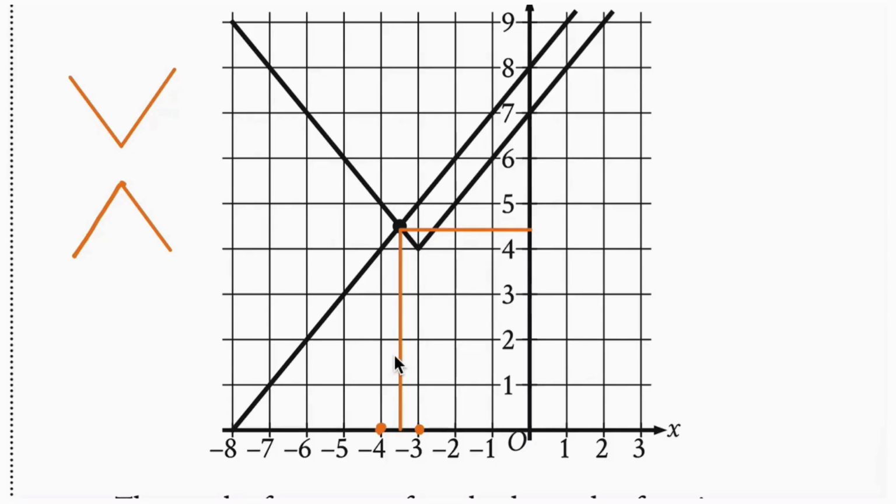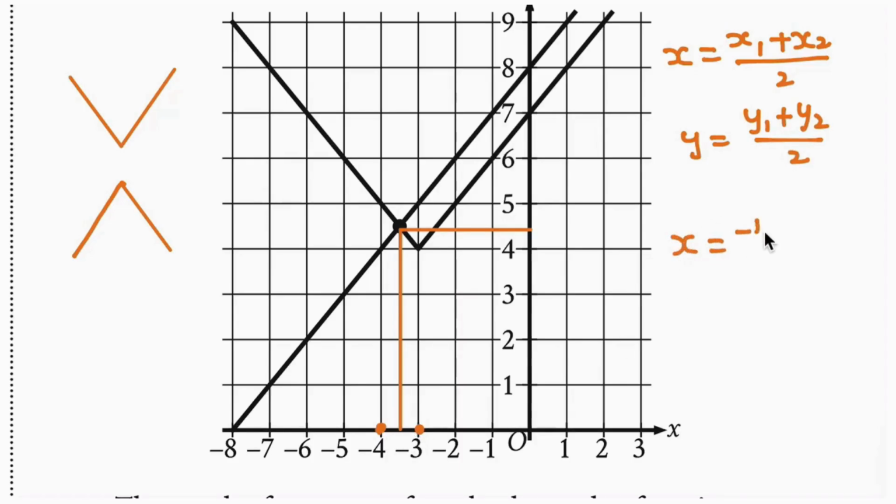But here what is being checked? Whether you know the midpoint formula or not. The midpoint formula to find the x coordinate is (x1 plus x2) over 2, and the y coordinate is (y1 plus y2) over 2. So it is between -3 and -4.